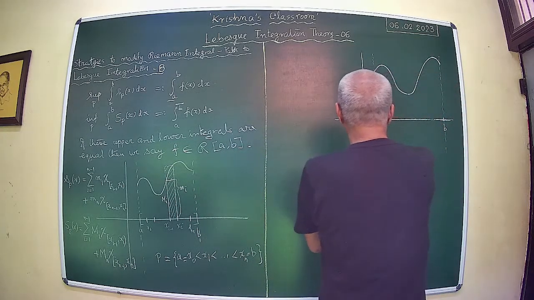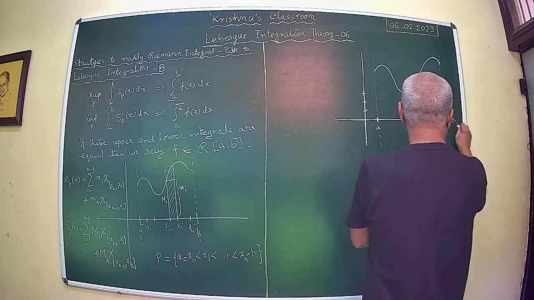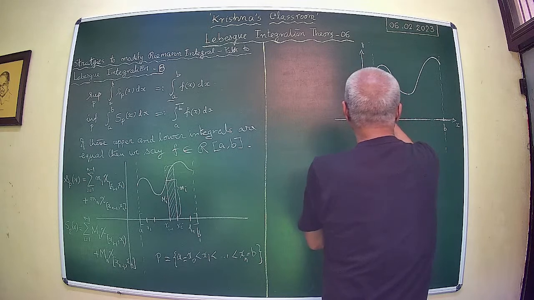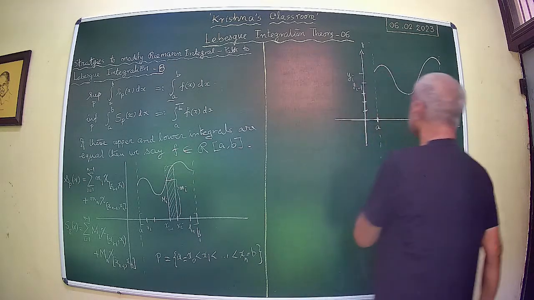We subdivide the range. Call this the x-axis, this the y-axis, and you have y_{i-1} to y_i. Let this be an interval.